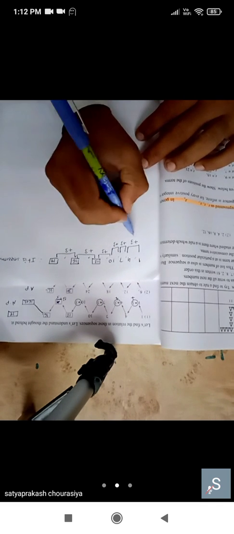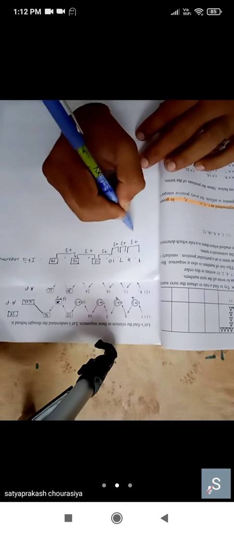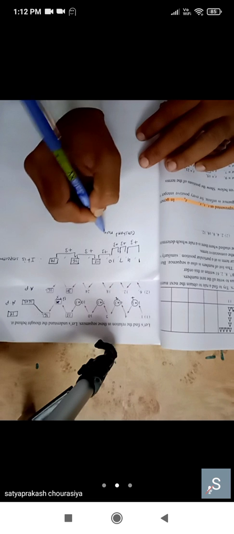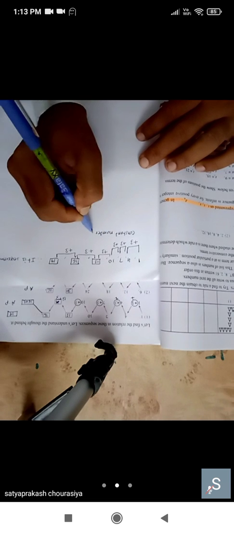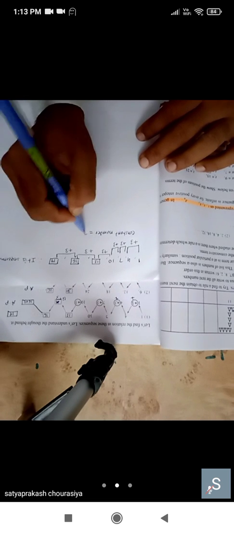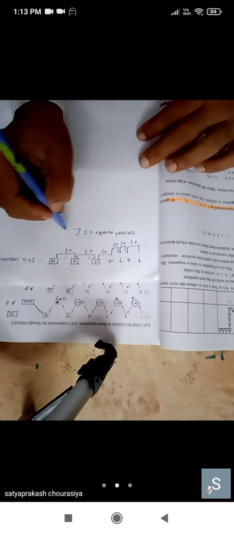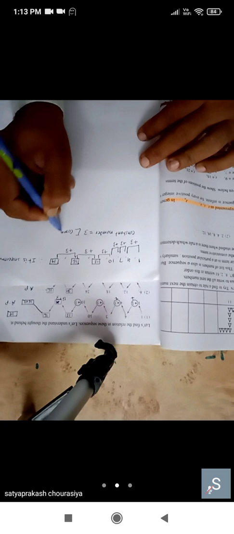Now here we are adding 3 to get the next number. So the number which we are adding is constant. The constant number for this list is 3. Okay. So this constant number is called the common difference.